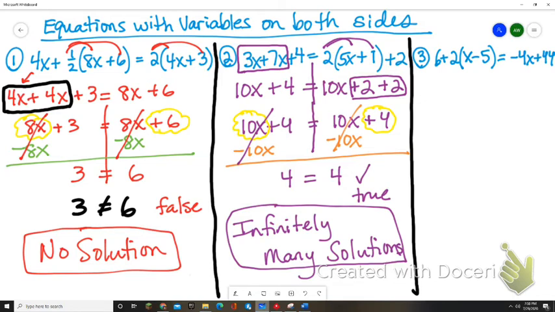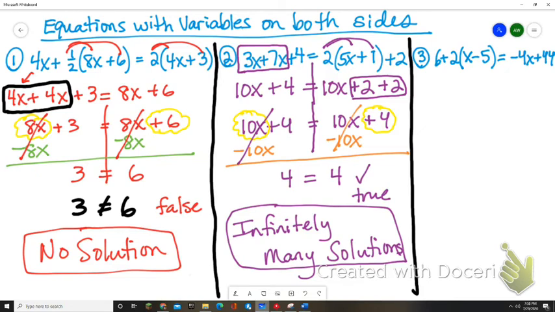So if you plugged in a 1 for all of the x's, you would get the two sides to be equal. If you plugged in a 4 for all of the x's, you would get the two sides to be equal. So no solution means no matter what number you pick to plug in for your x's, the two sides will not be equal when you work it out. Infinitely many solutions means they will be equal.